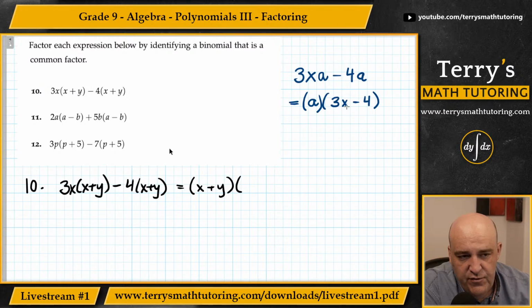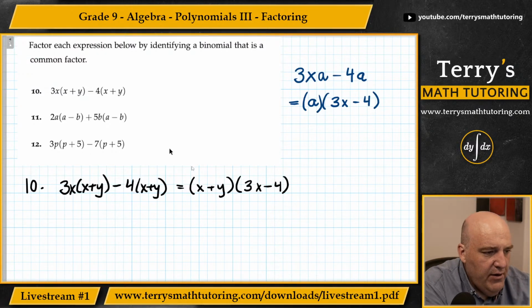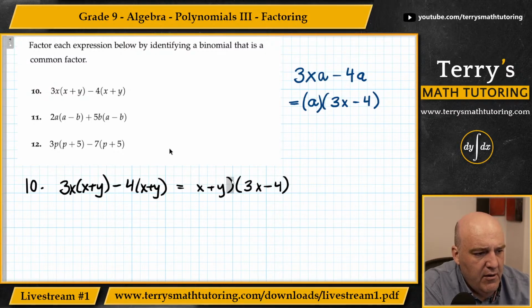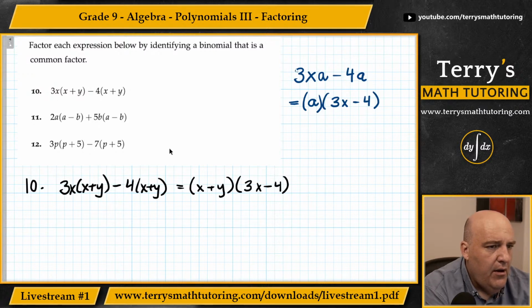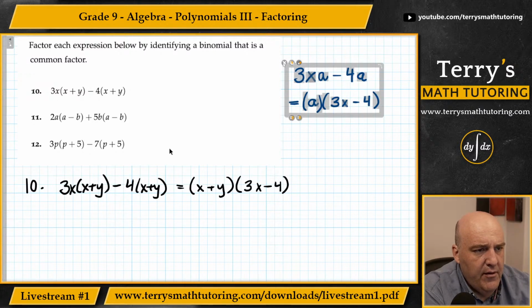And then just as over here I had 3x minus 4 left over, same thing over here. If I didn't write these brackets here, this would be wrong. We really do need to write those brackets. Okay, so that's the idea there.